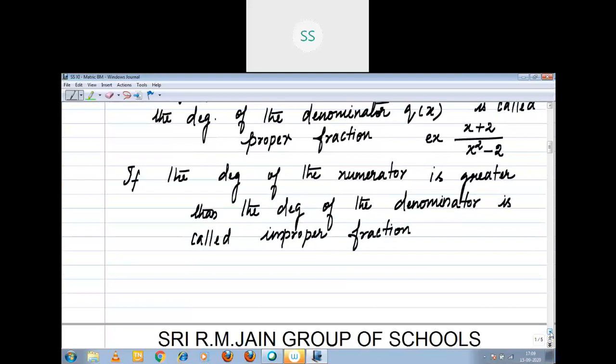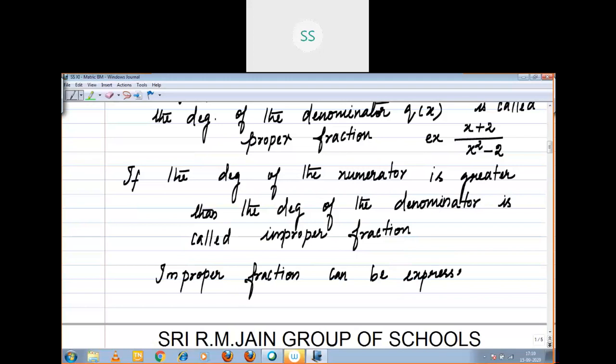Now, an improper fraction can be expressed as a sum of an integral function and a proper fraction.